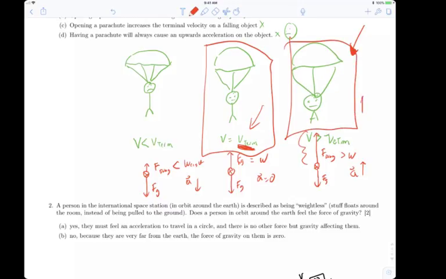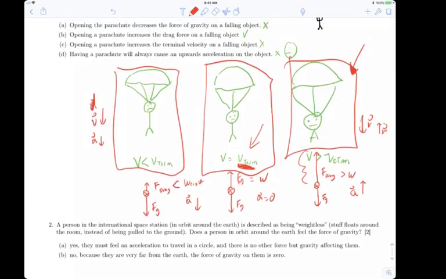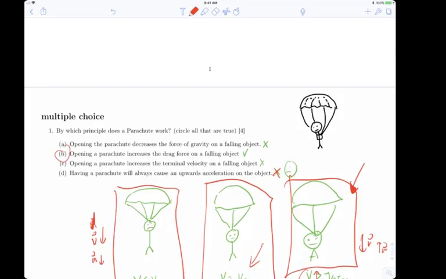Your velocity's downwards, so to slow down, your acceleration has to be upwards. In this case, you're moving downwards, but gravity's still winning right now because the drag force isn't strong enough. So your velocity's downward, and your acceleration will be downwards too. And that's why this one is wrong. So I guess this one's the only one that's correct.